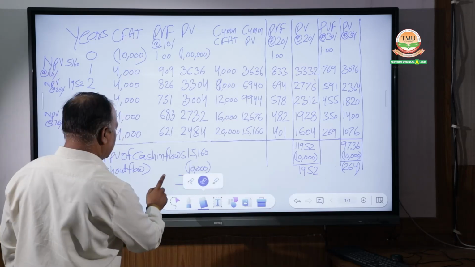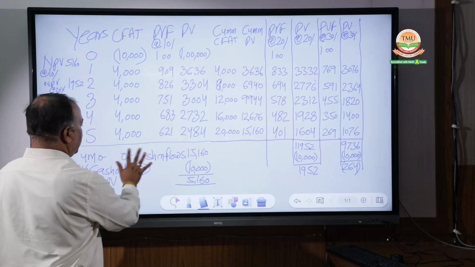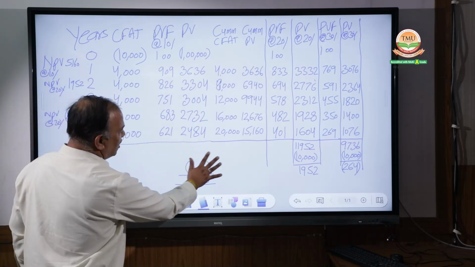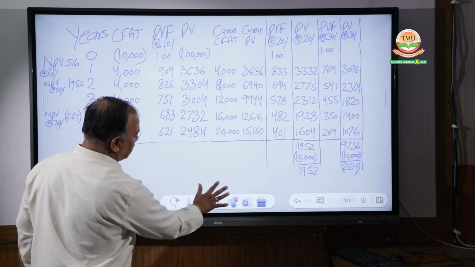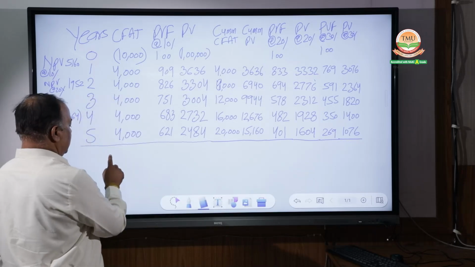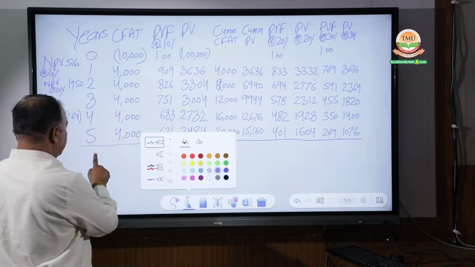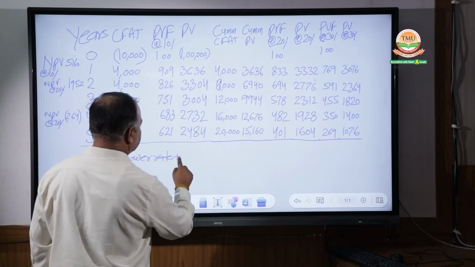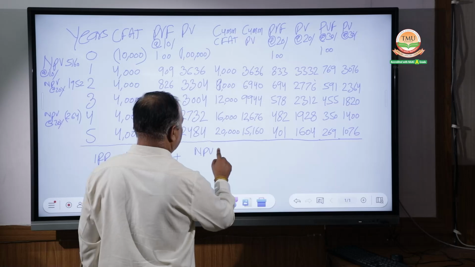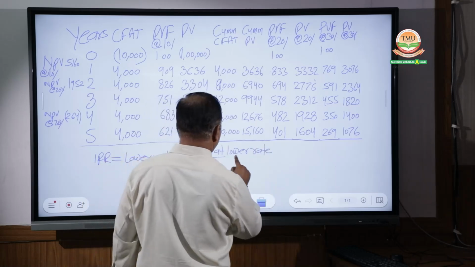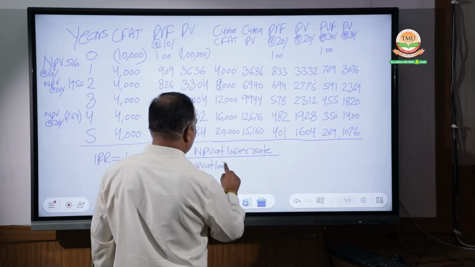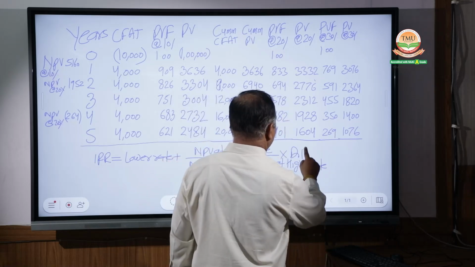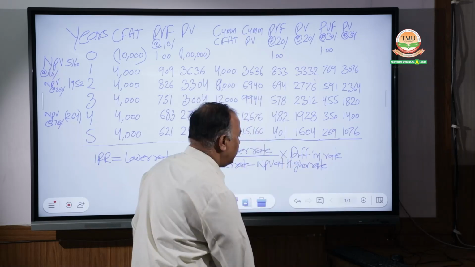Now let's rub the thing so that we may use the space to write down the formula of internal rate of return. Now internal rate of return, IRR, is equal to lower rate plus NPV at lower rate divided by NPV at lower rate minus NPV at higher rate into difference in rate.